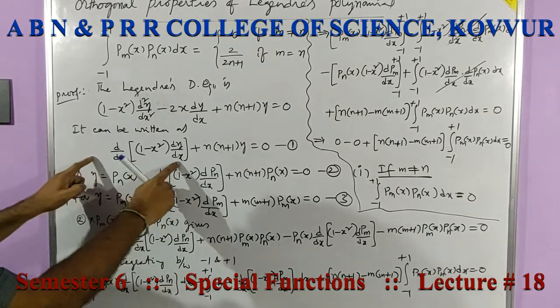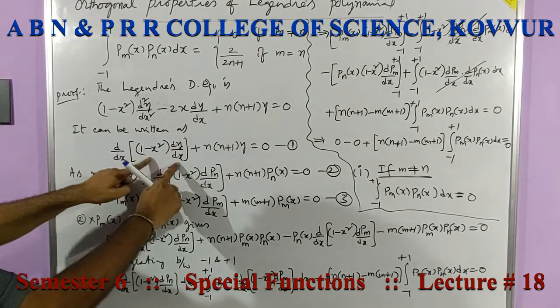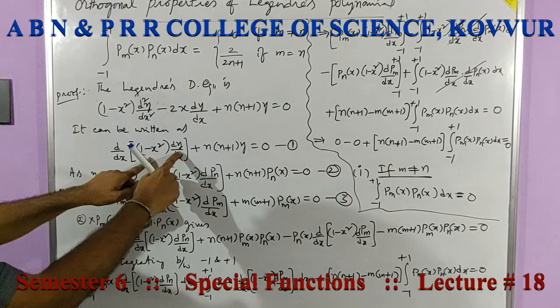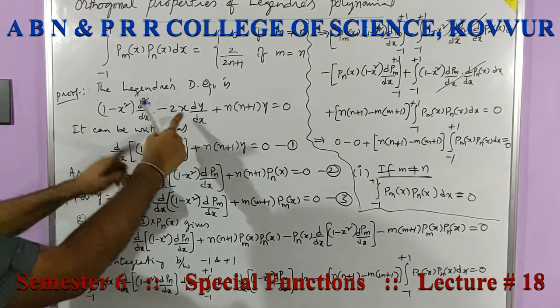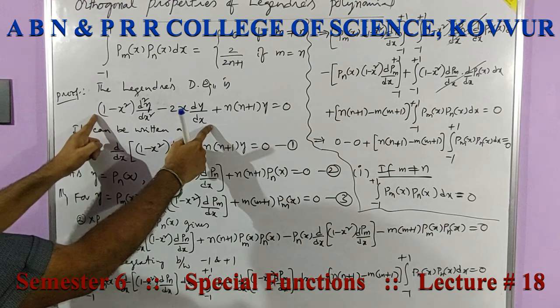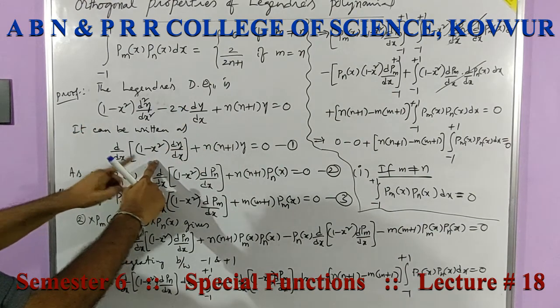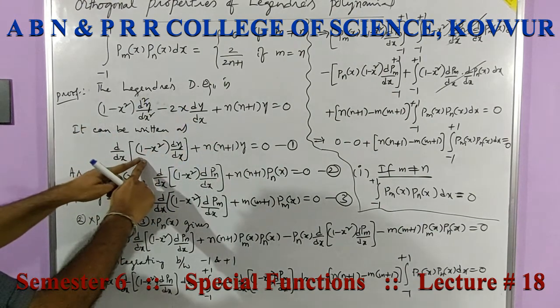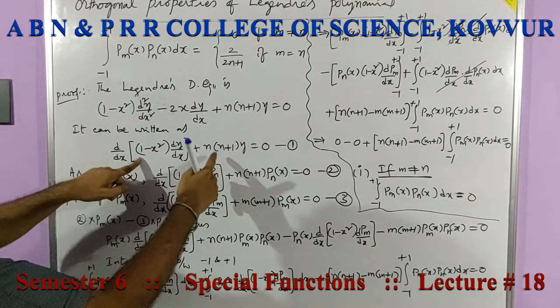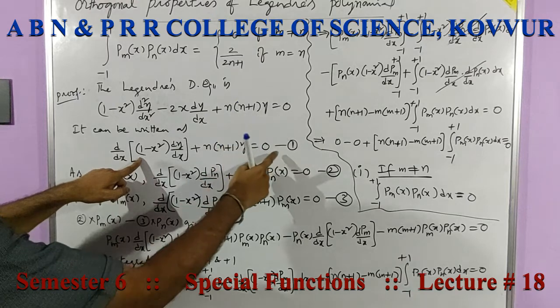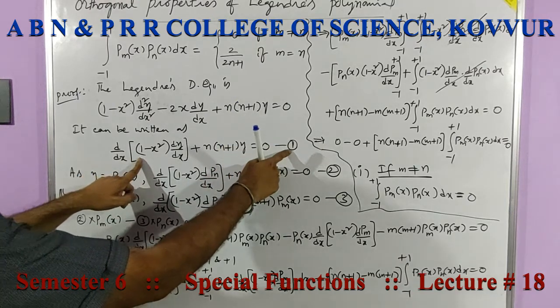What is that? It is u into v: (1 minus x square) into d²y/dx², and dy/dx into the derivative of (1 minus x square), that is minus 2x. Therefore, these two terms can be combined in this way: d/dx of (1 minus x square) dy/dx plus n(n plus 1) y is equal to 0. Let it be equation 1.